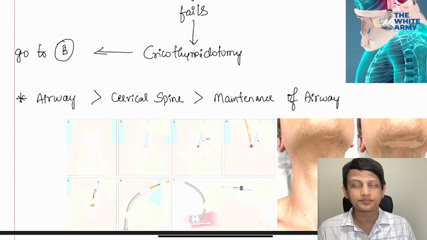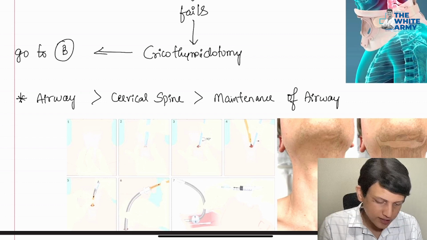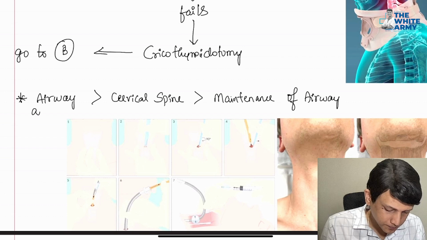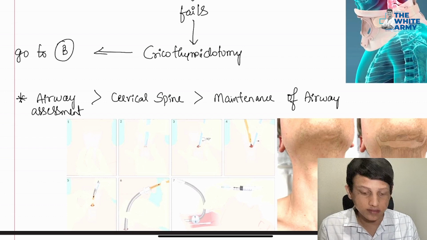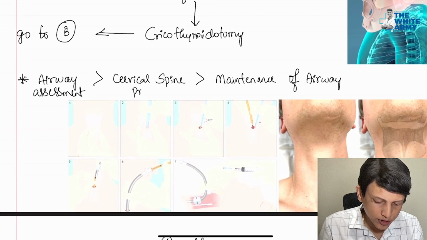A question asked is, what is the sequence? In airway management, first is assessment of the airway. Then the second step is cervical spine protection, the collar.